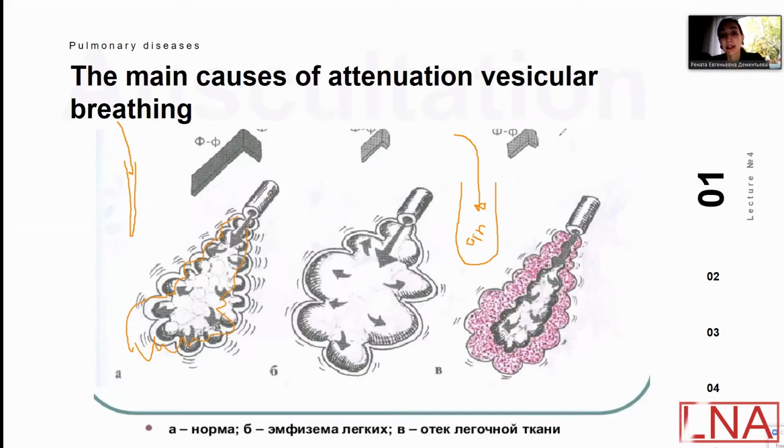And the next situation, the same graphic, a small phase of inspiration and too short a phase of expiration. It's about swelling, which has many reasons, but the main reason is swelling by inflammation of the alveolar wall. Swelling of the alveolar wall makes the wall thicker, and a thicker wall leads to decreased mobility of the elastic wall of the alveolus.